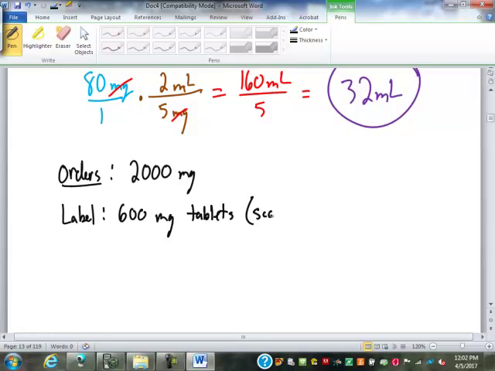And I'm going to give their scored tablets. And of course, what does scored mean? That means they're marked so we can break them in half. So that means we are going to round to the nearest half a tablet.